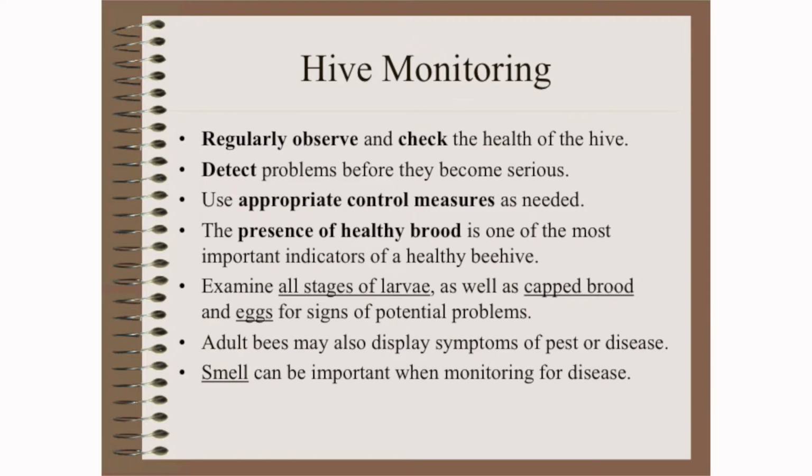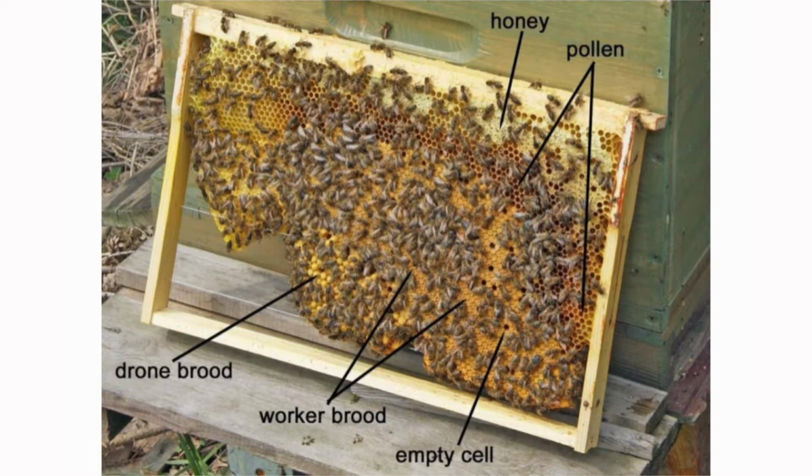So what we're going to do when we monitor, and monitoring is the same thing I tell people on landscapes. You've got to scout and look at your plants. Know what a plant looks like when it's healthy. So know what that comb looks like when it's healthy. So let's look at actually what a healthy brood looks like here.